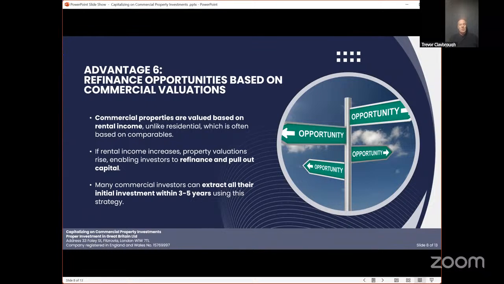Commercial valuations are not based on the bricks and mortar. Commercial valuations are based on the rental income. They're based actually on two things: the rental income, and what we call the commercial yield, which is a sort of magic figure, which depends on the specific type of tenant. So there we have what we call strength of covenant.